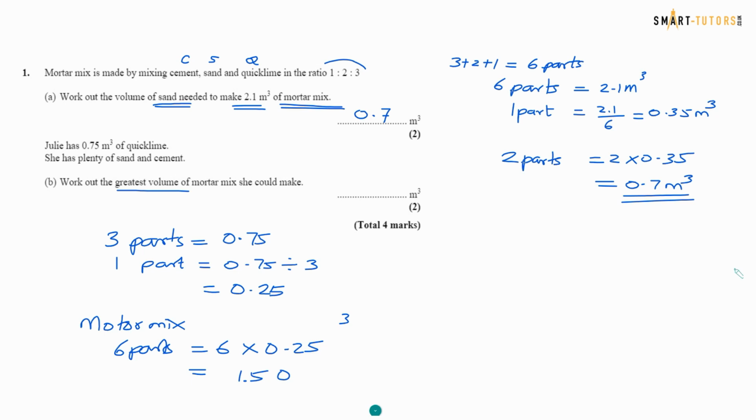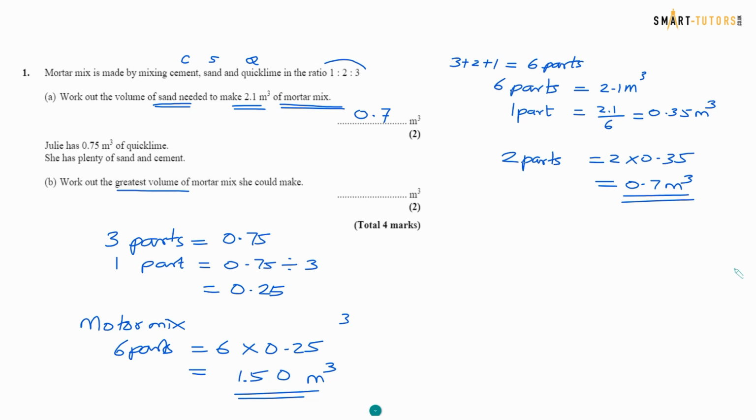So 1.5 meter cube. So that is the answer. 1.5 meter cube is the, so 0.75 quicklime and 1.5 sand and 0.25 of the cement need to do the mortar mix.